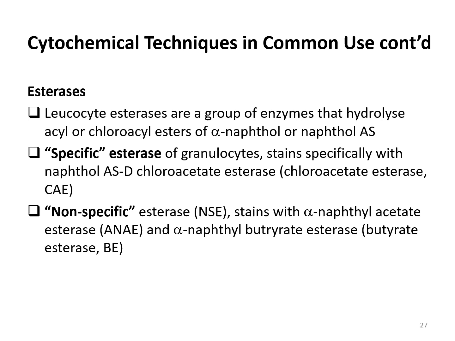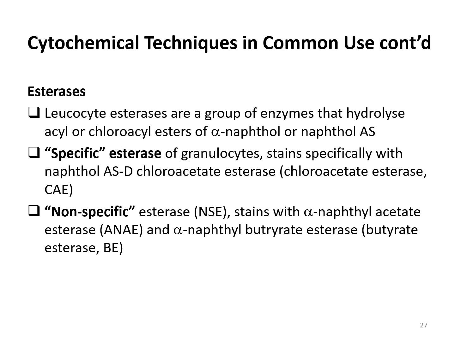Another one here is the esterases, or leukocyte esterase. They are enzymes that hydrolyze acyl or chloroacyl esters of alpha-naphthol or naphthol. There are two types: the specific and the non-specific esterase. The specific esterase is found in the granulocytes, and they stain naphthol AS-D chloroacetate esterase, or simply CAE.